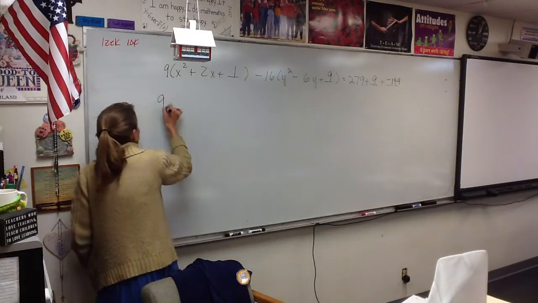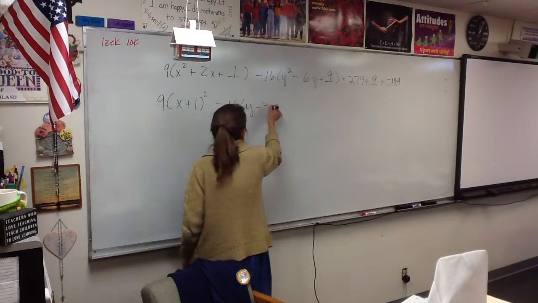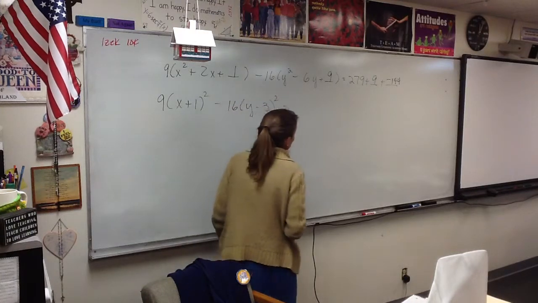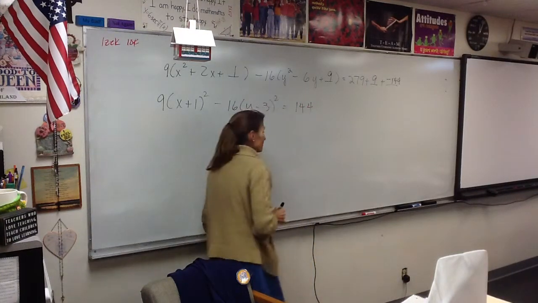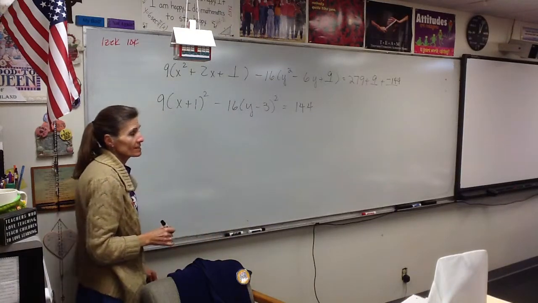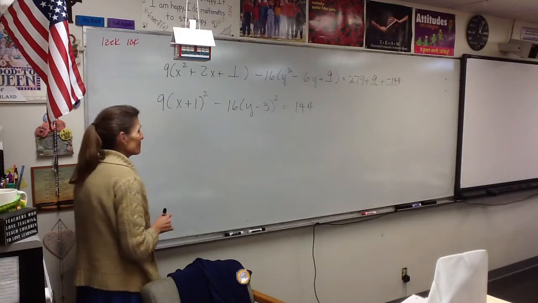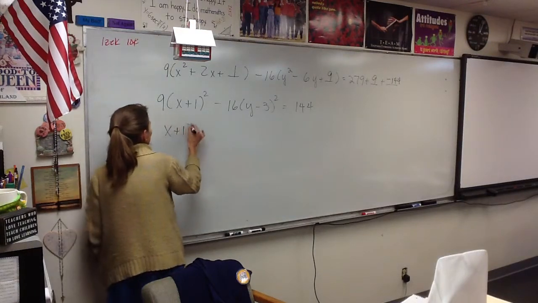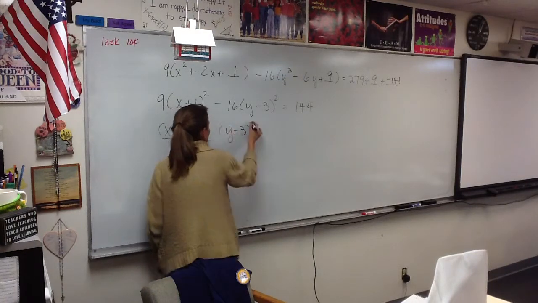So we have 9(x plus 1) squared minus 16(y minus 3) squared equal to another beautifully rigged problem. Thank you, nicest teacher on the face of the planet. Now we're going to divide by 144. And everything comes out lovely.